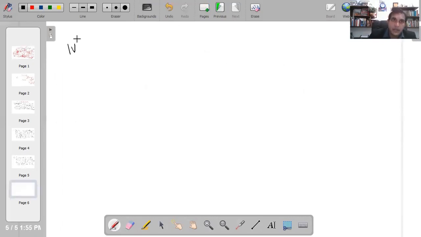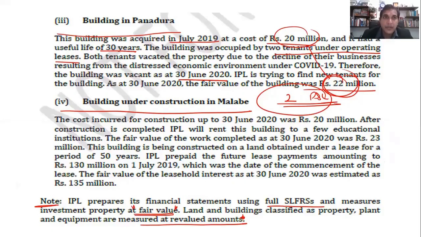Right. Fourth one, last property. Yeah, that's also very easy, not a difficult case study. Building under construction in Malawi.